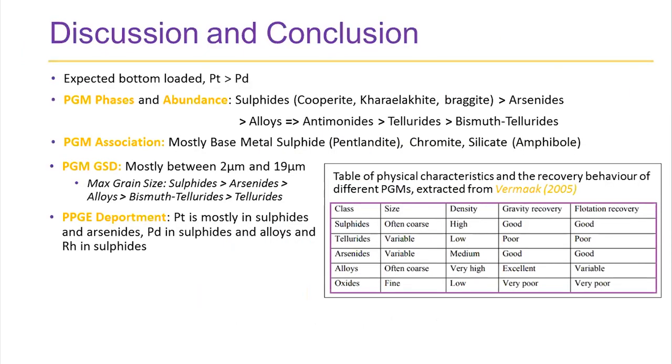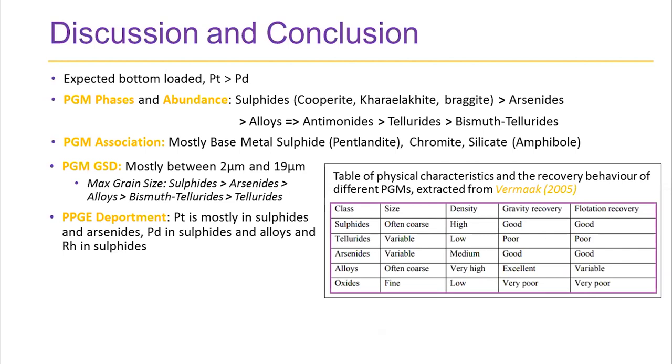In conclusion, our UG2 at Buffelshoek is typically bottom loaded, and the platinum abundance is generally higher than the palladium abundance. Looking at the PGM phases, the sulfides are mostly dominant, followed by arsenides, alloys, antimonides, tellurides, and least the bismuth telluride.